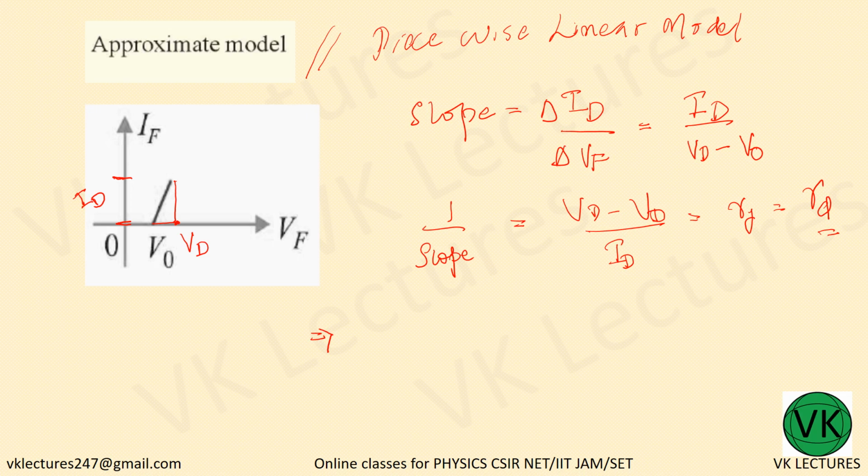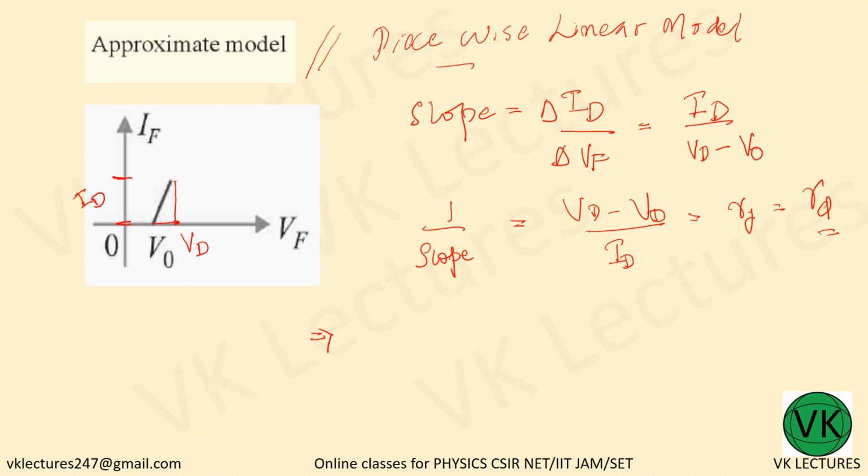Ideal model, yeah, ideal model, we do not have an RD, there is no forward resistance. So this is applied only in the approximate model or piecewise linear model.